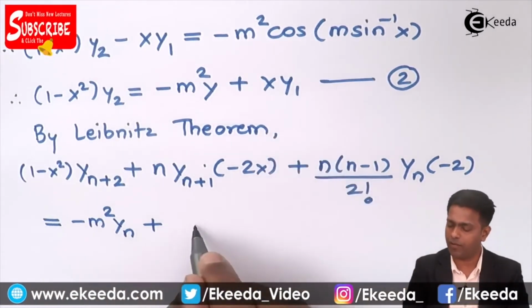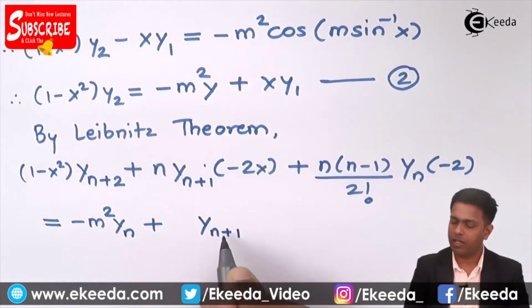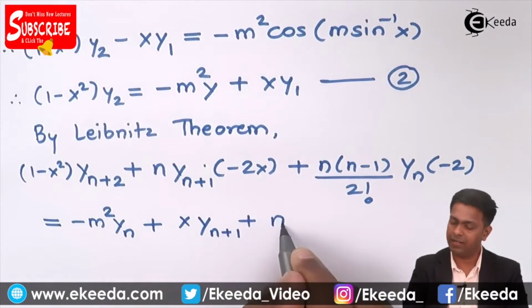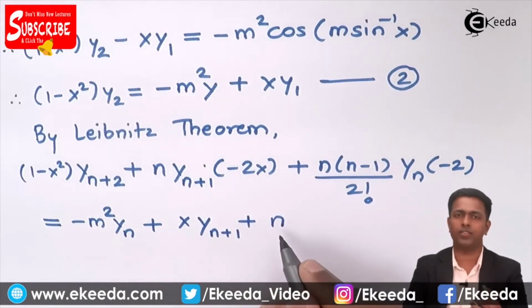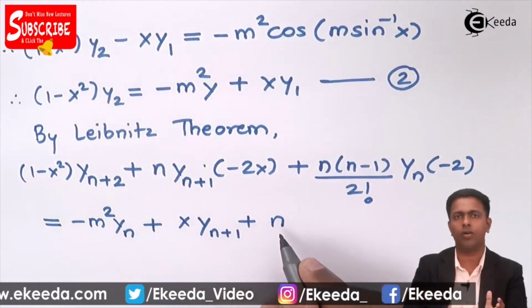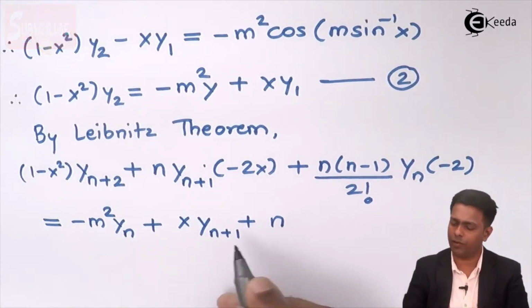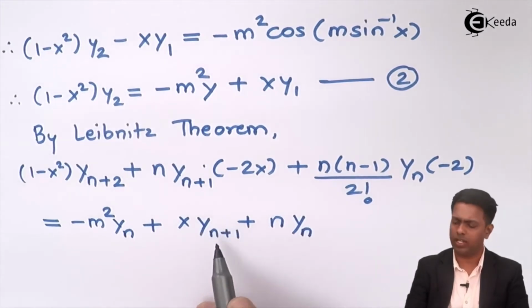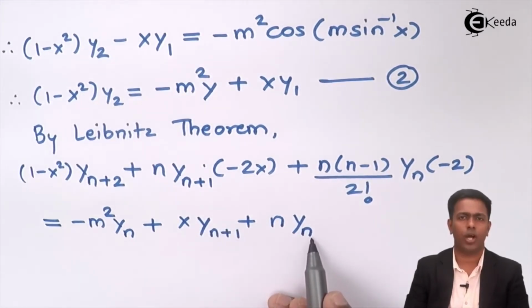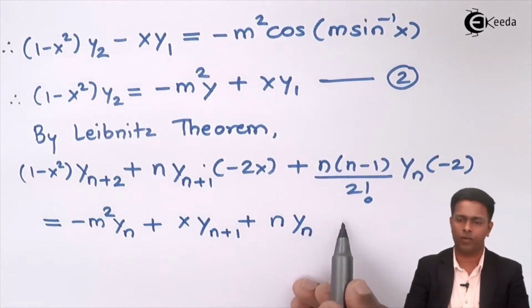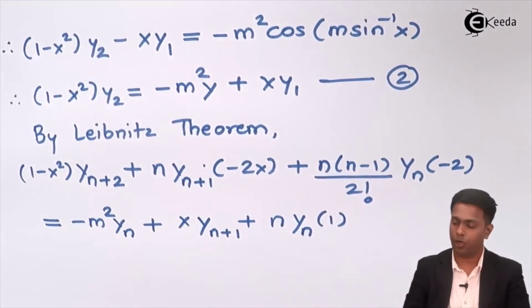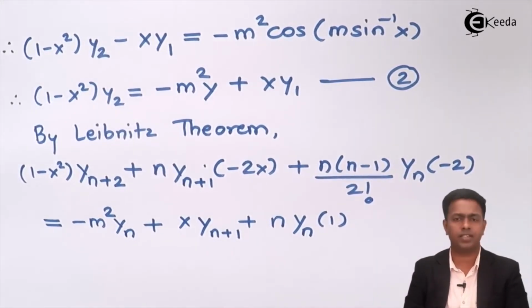So the nth derivative of y1 is y of n plus 1, then v as it is, plus next term is n, then u of n minus 1, that is the derivative just previous to the nth derivative, we will get y of n, because here this was the nth derivative, so one step previous is y of n. Next v1 is the derivative of x, which is 1, and we'll stop here again, because the next derivative will be 0. Now guys, we'll simplify these terms.